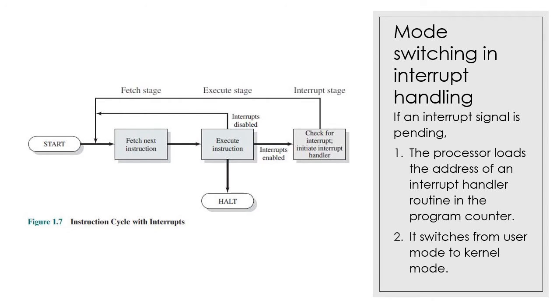You must understand that the interrupt handler is part of the operating system and it may want to execute a privileged instruction. So, kernel mode must be set up. Now the instruction fetched is the first instruction of the interrupt handler, and we say that control has been transferred to the interrupt handler.